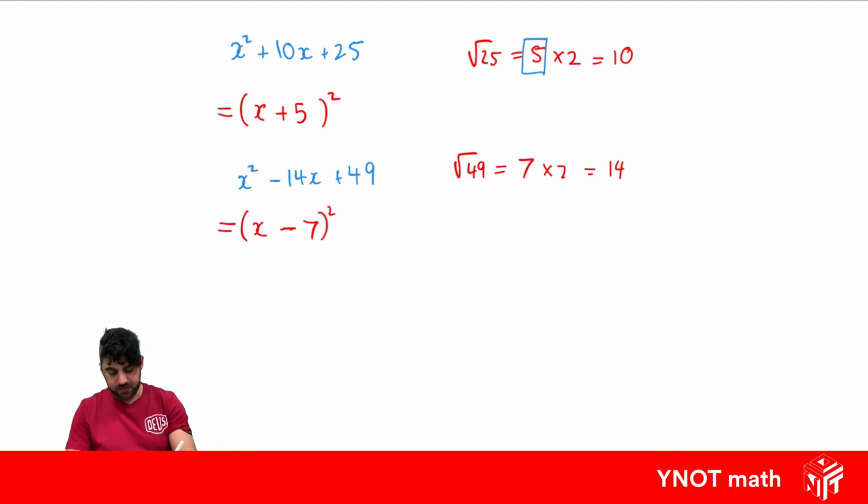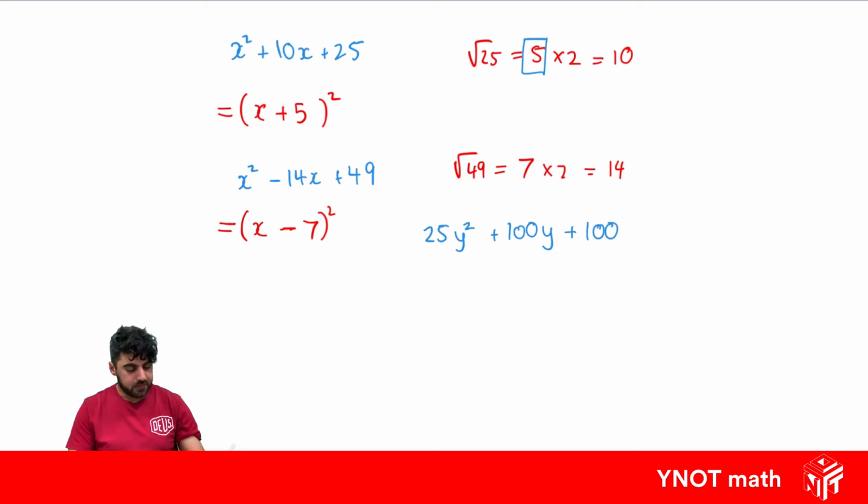Let's have a look at another example. So we have 25y squared plus 100y plus 100. So this isn't looking as nice because the numbers are a lot bigger, but more importantly, the coefficient in front of the squared term is not 1.